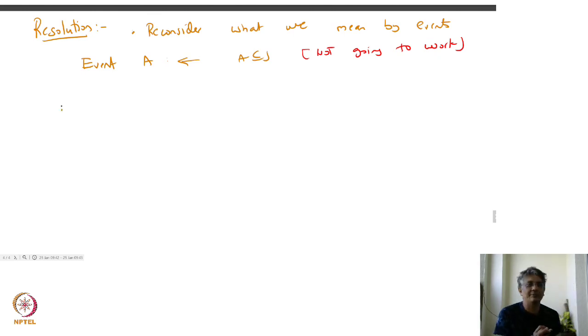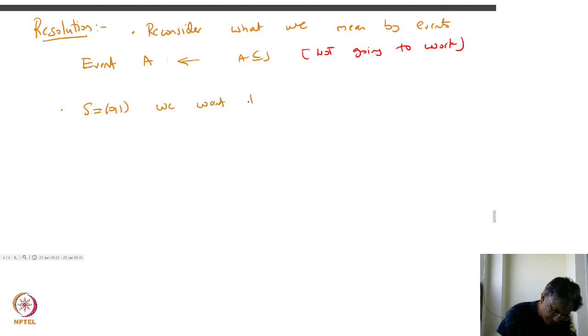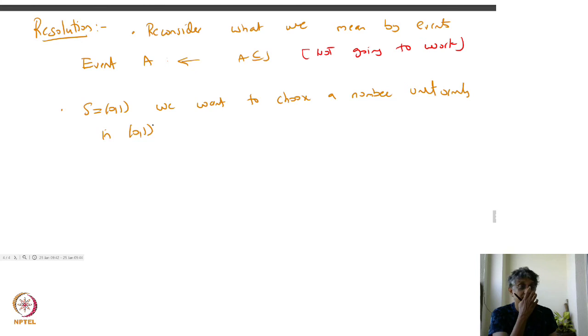But we also want something, right? What do we want? We want to choose a number uniformly in [0, 1]. So we want S to be [0, 1], and we want to choose a number uniformly. This is what we want to do.